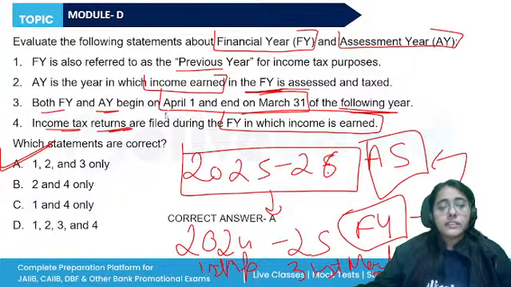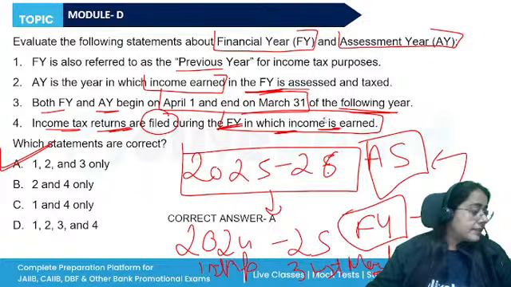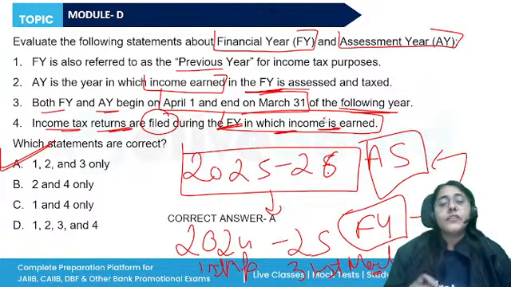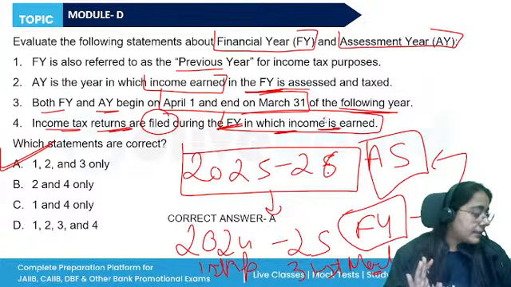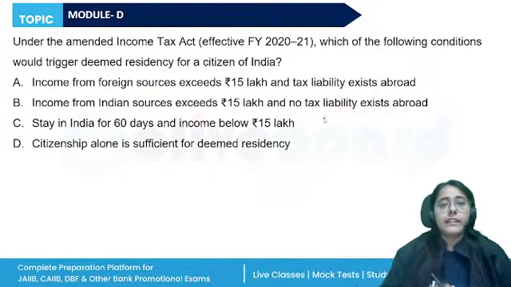Income tax returns are not filed during the financial year, they are filed in the assessment year. Why? Because the income cannot be taxed until it is earned. So only when I receive my full income during the financial year, only then the government will tax me on the income. All right, so the correct answer is A, 1, 2 and 3.